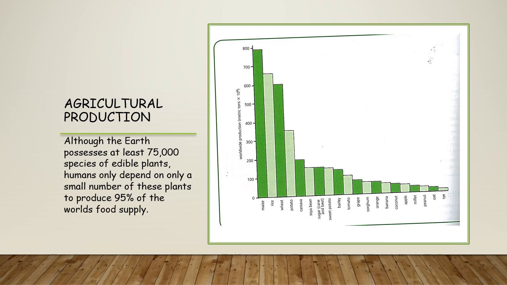That's metric tons there, and then it kind of tails off. But even then, let's say there's 75,000, and we're just looking at that graph there. It tails off by the time we get to rye. Some of those may change, and obviously things like soybean, we're using that more than maybe we did previously across the world, and it may change. But as I say, 75,000 crops edible, but that's the disparity in terms of what we actually do eat.